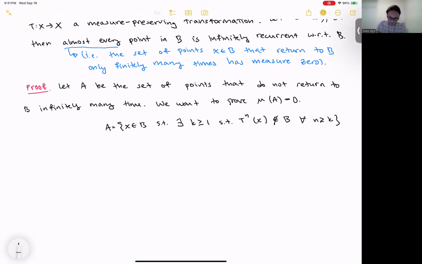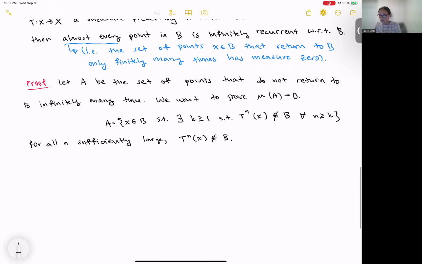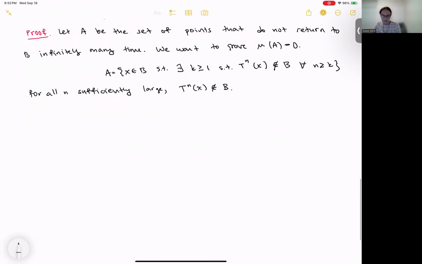Another way to think about this is for all n sufficiently large, we have T^n(x) is not in B. Okay, so we've defined our set A.